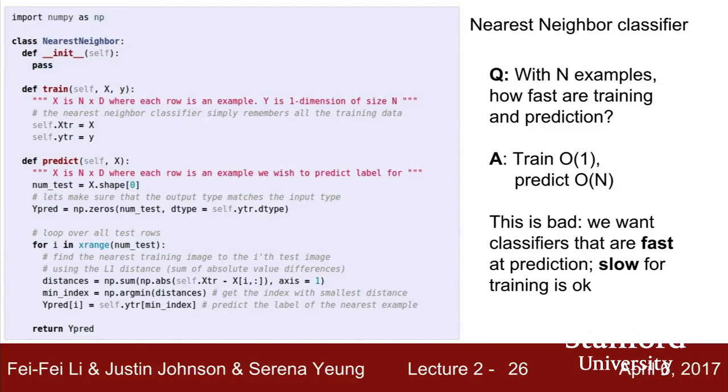And you really want the testing time performance of your classifier to be quite fast. So from this perspective, this nearest neighbor algorithm is actually a little bit backwards. And we'll see that once we move to convolutional neural networks and other types of parametric models, they'll be the reverse of this, where you'll spend a lot of compute at training time, but then they'll be quite fast at testing time.